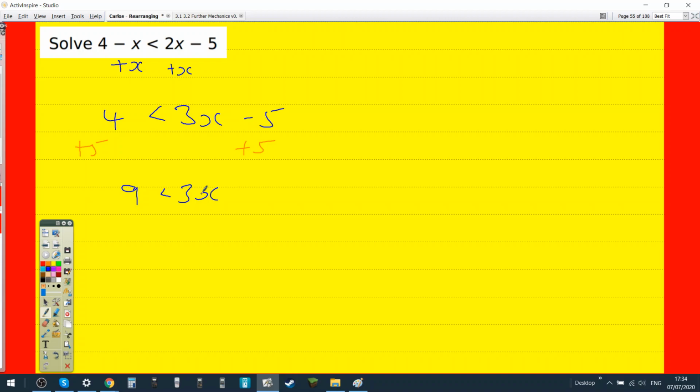Divide by 3. Opposite of times is divide. 9 divided by 3 is 3, so 3 equals x. So 3 is less than x, or x is greater than 3. That's how that works. Any questions there?